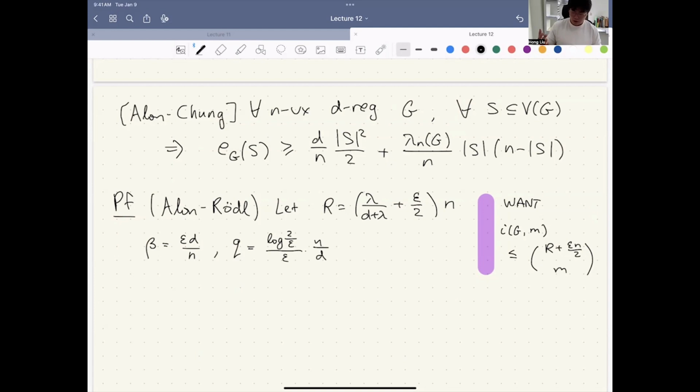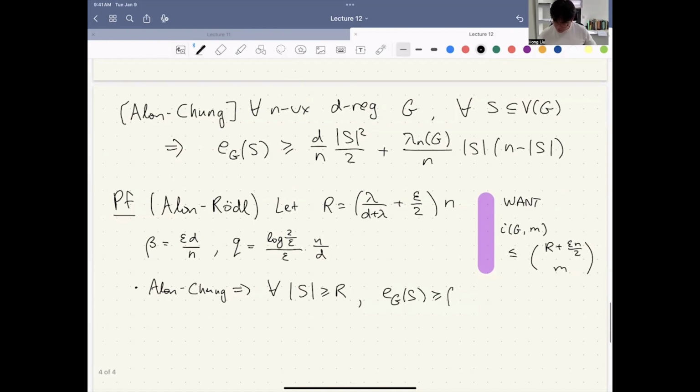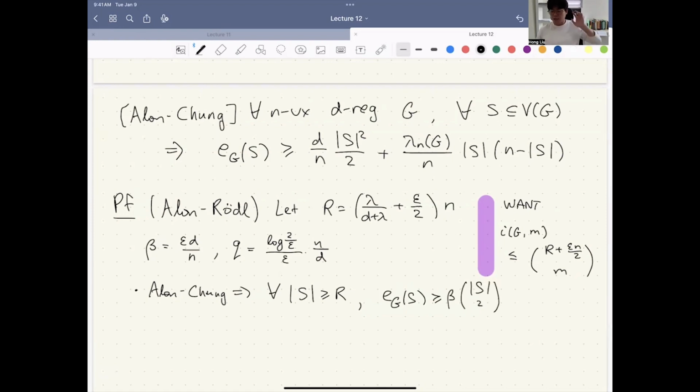We first use a long chain to prove local denseness, or expander mixing, showing that for any set S of size at least R, when you go above the Hoffman bound, we see lots of edges. Then E_G(S) is at least beta, which we just defined, times S choose 2. This is local denseness.